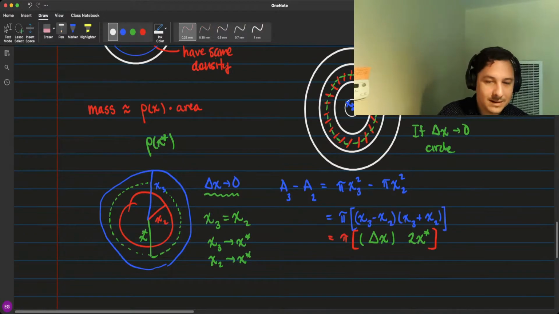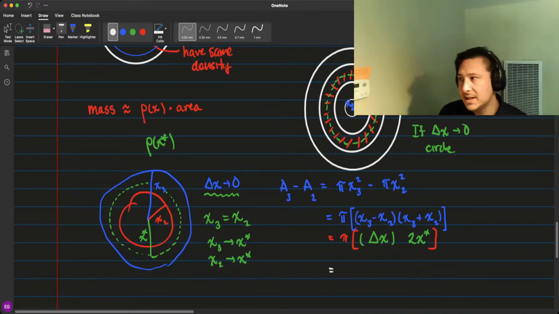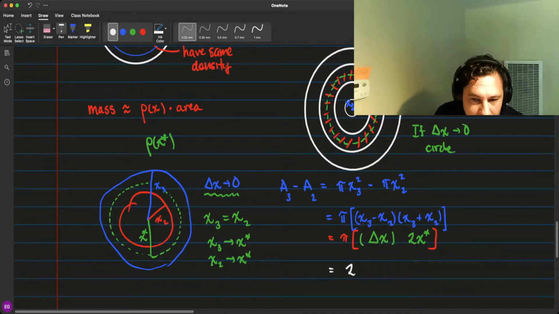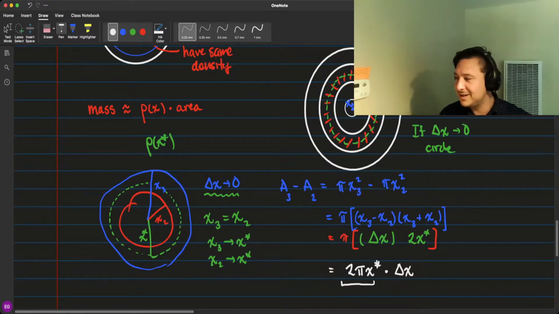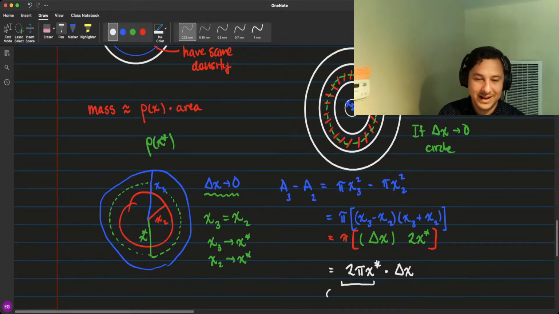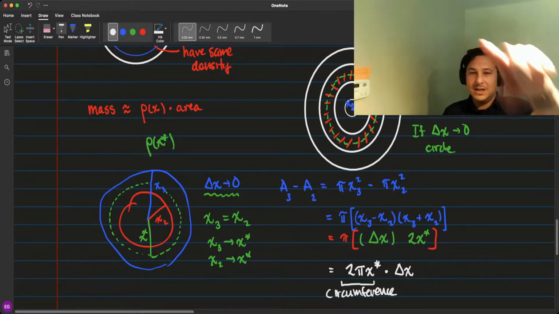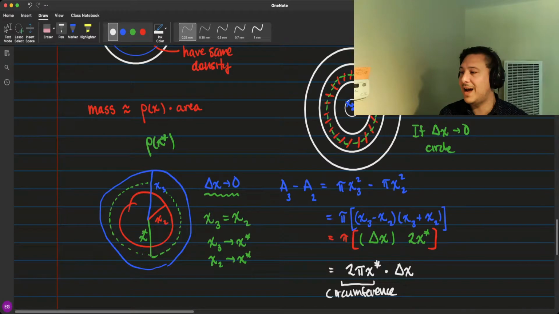It becomes equal to, if you take the limit, 2 pi x star times delta x. If you think about it, what's the 2 pi x star, geometrically? The circumference of the circle in the middle of that little ring. And delta x is the thickness of the ring.